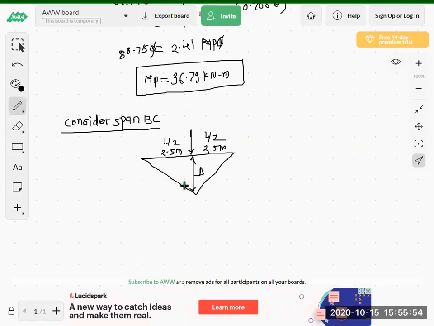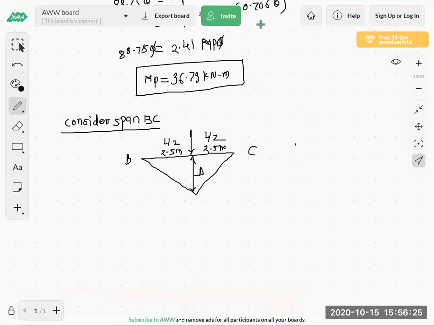Okay, now here this is the B support, this is the C support. Which type of support is B?